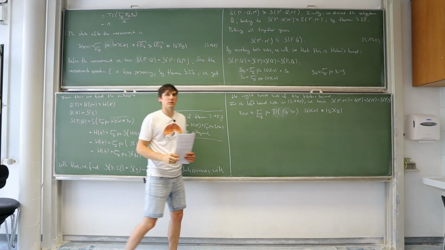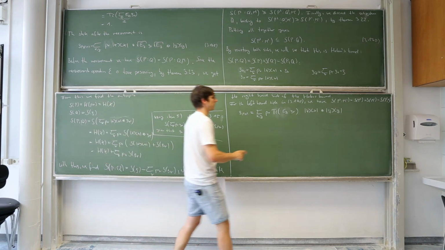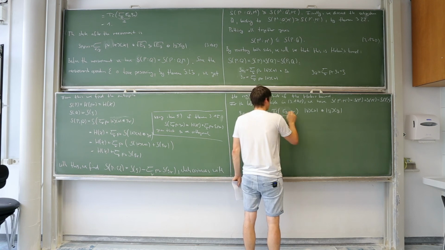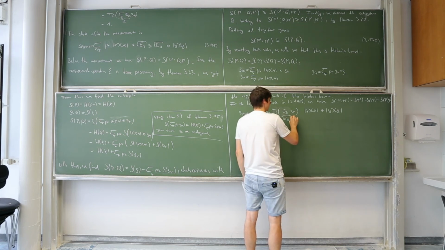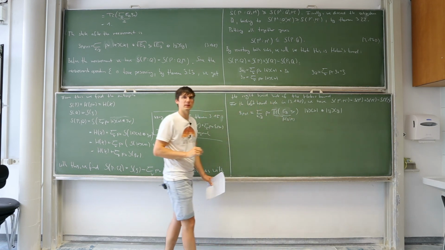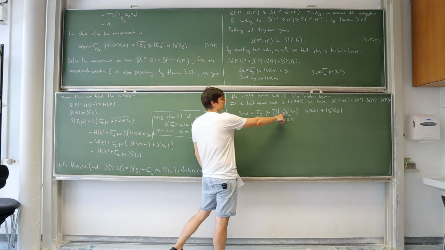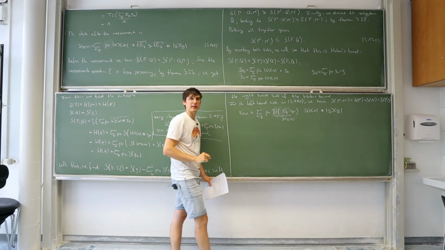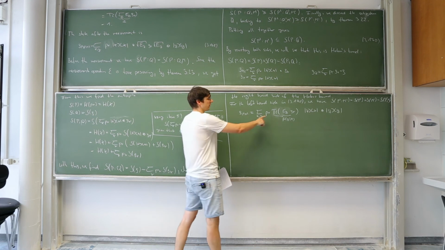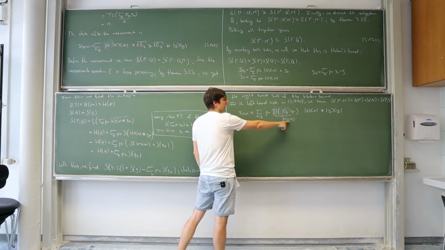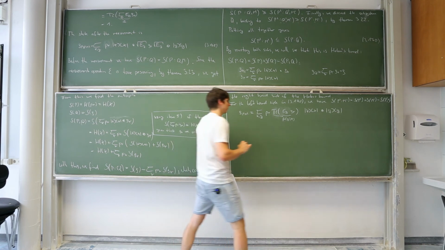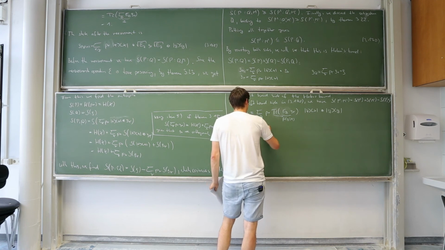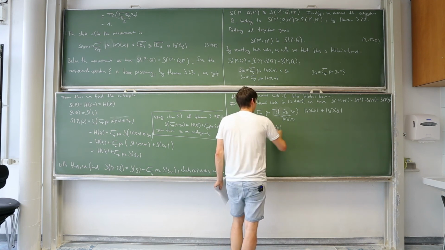Okay, so this is what we get if we trace out the quantum system. Now, what's this here? This is the probability to get the outcome y given the state x. So it's a conditional probability, the probability to get y conditioned that we have found x. And now you see we have the probability of x times the probability of y conditioned on x. What is this? This is simply the joint probability P of xy.